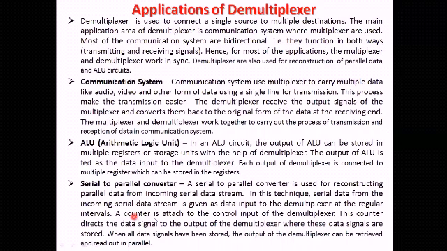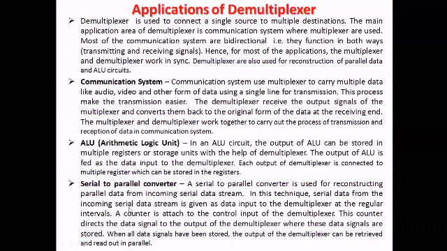A counter is attached to the control input of the demultiplexer. This counter directs the data signal to the output of the demultiplexer, where these data signals are stored. When all the data signals have been stored, the output of the demultiplexer can be retrieved and read out in parallel. So these were, in short, the applications of the demultiplexer.